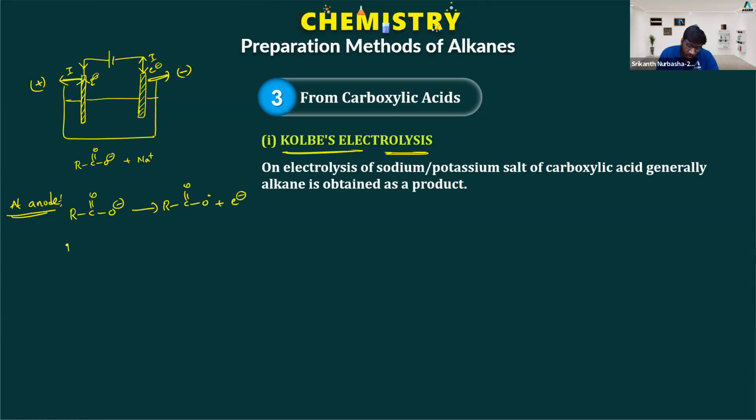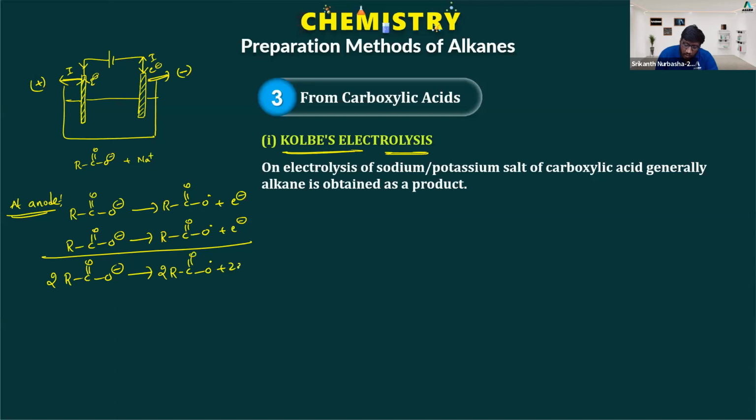If you take one more molecule, RCOO minus will form RCOO dot plus one more electron. Ultimately, two carboxylate ions will form two RCOO dot, and two electrons are released.